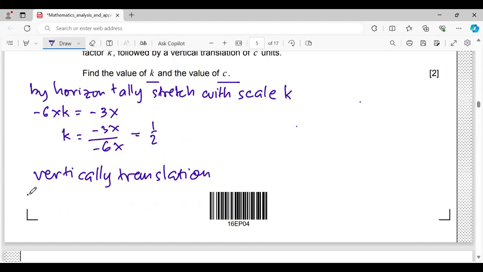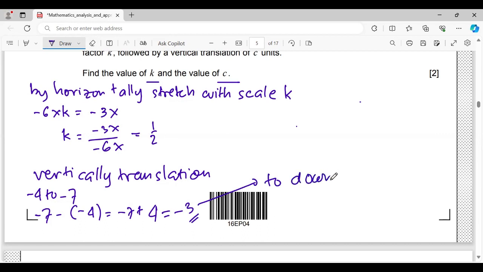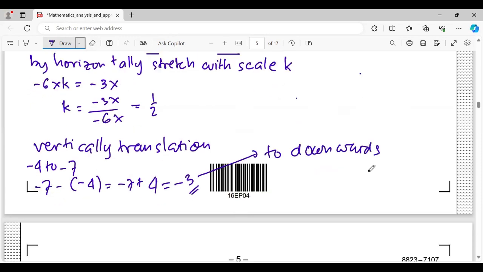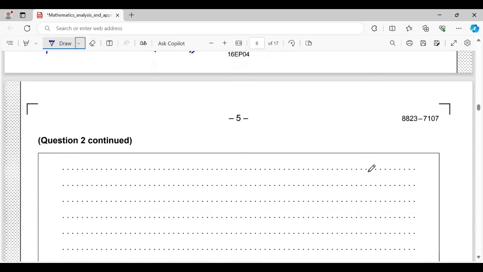Minus 7 means minus 7 minus minus 4, so minus 7 plus 4, minus 3. How about the direction? Direction is downwards.